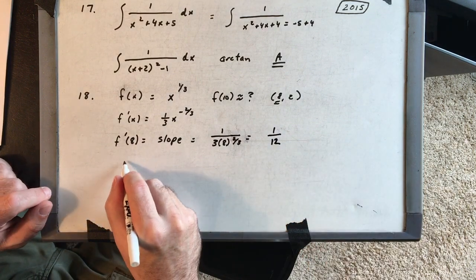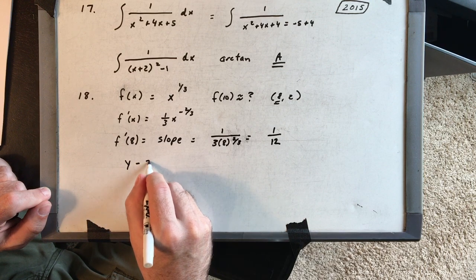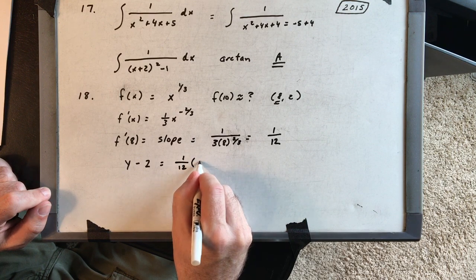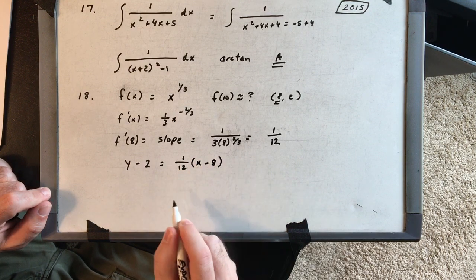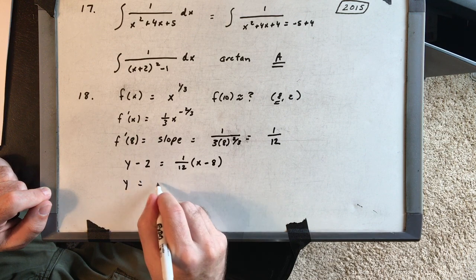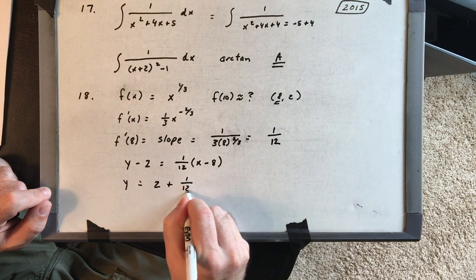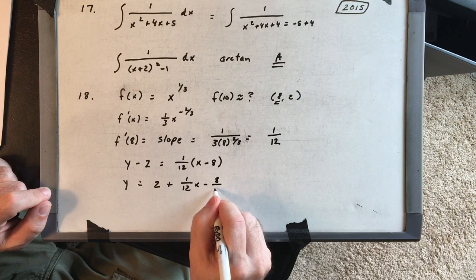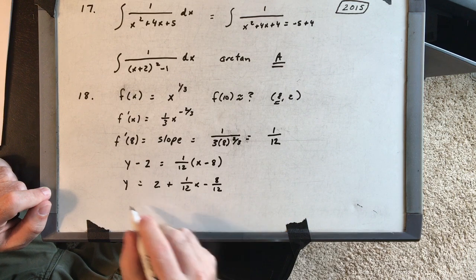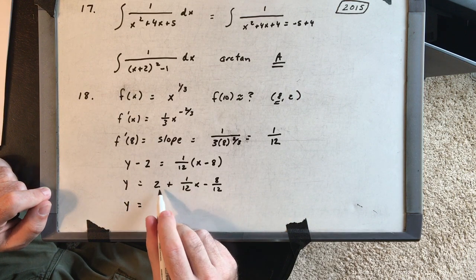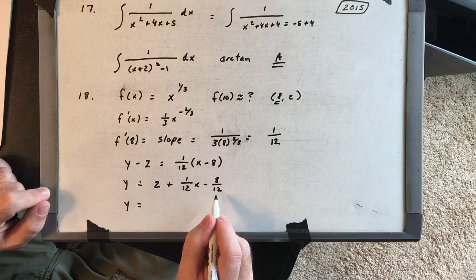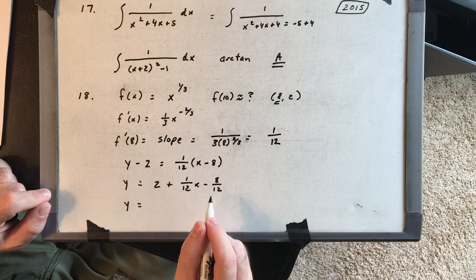So our tangent line equation is y minus y1, y minus 2 is equal to 1/12 times x minus 8. So y is equal to 2 plus 1/12 x minus 8/12. So y is equal to, so that's 24/12 minus 8/12. That's 16 over 12, which would be 8 over 6, which would be 4/3.